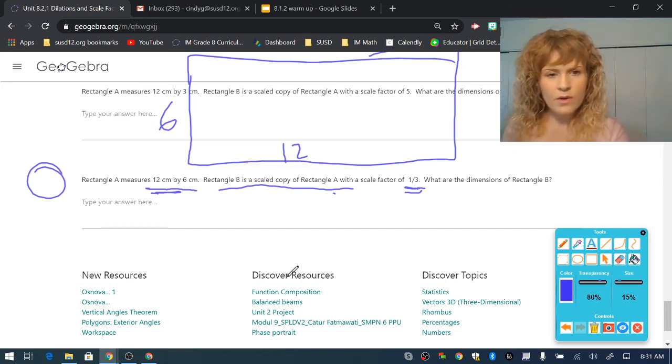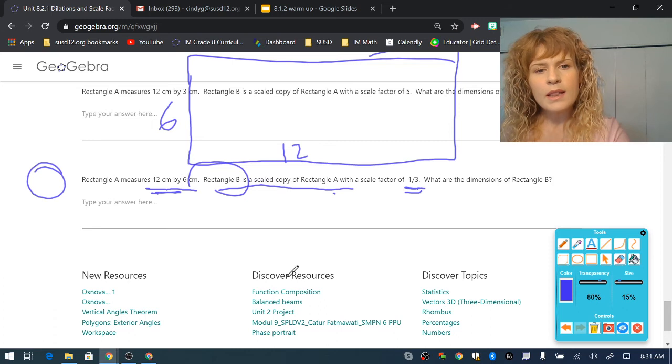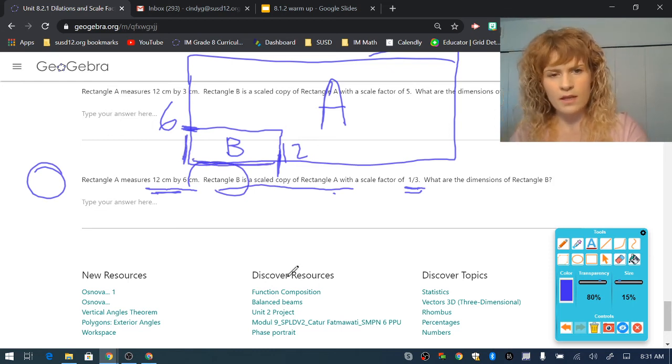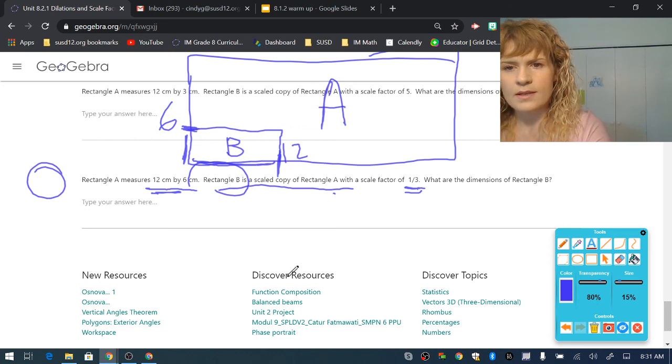That means rectangle B's length is only 1/3 of rectangle A. The big rectangle is A. The height of B is only 1/3 the height of A. So there's B. It is 1/3 the height and 1/3 the length. What are those lengths? I'm going to make another table again to make this clear.